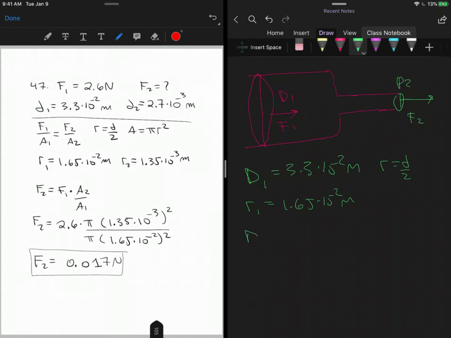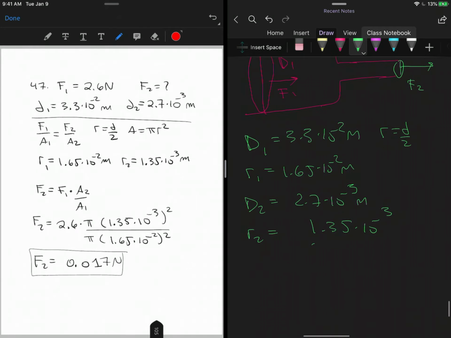And so diameter 2 is equal to 2.7 times 10 to the minus 3 meters. And so radius 2 is going to be half of that, and that's going to be 1.35 times 10 to the minus 3. So now we have the radii.